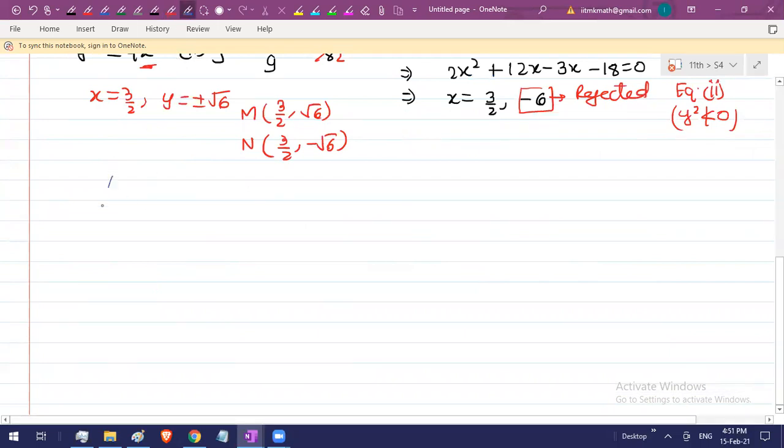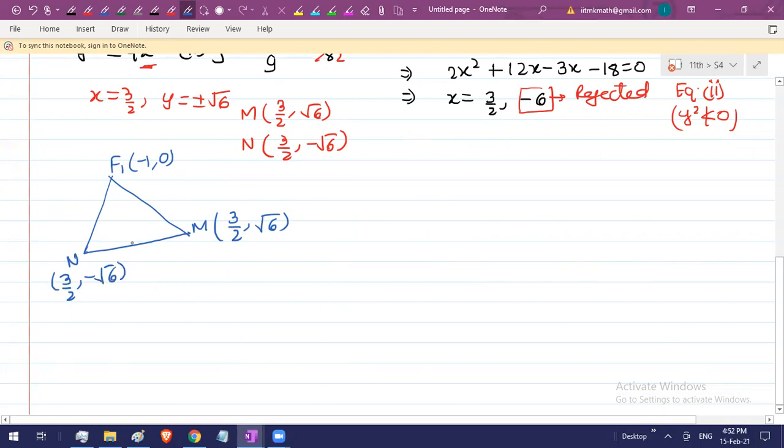For that, you simply make one triangle with F1, that is minus 1 comma 0, M as 3 by 2 comma root 6, and N as 3 by 2 comma minus root 6. Now you have options, but first of all, let O be the orthocenter.